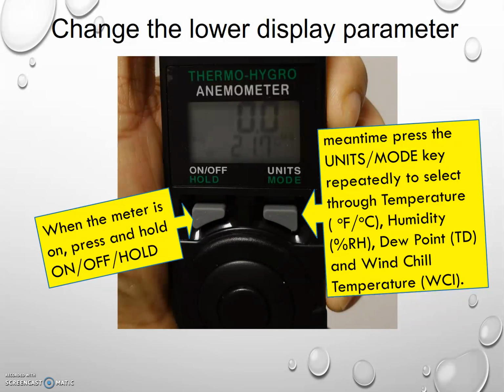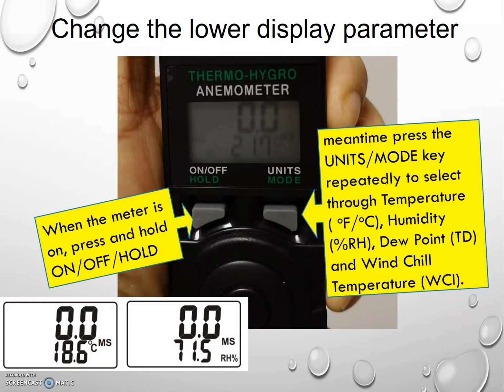Then you can find that the displayed parameter changes from temperature to relative humidity, then to dew point temperature, and you can also read the wind chill temperature. You can find the display showing on the screen like that.